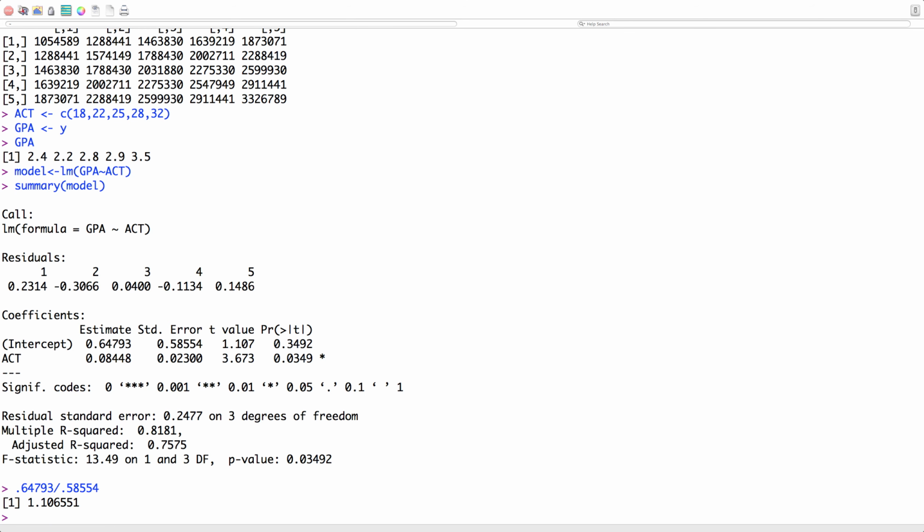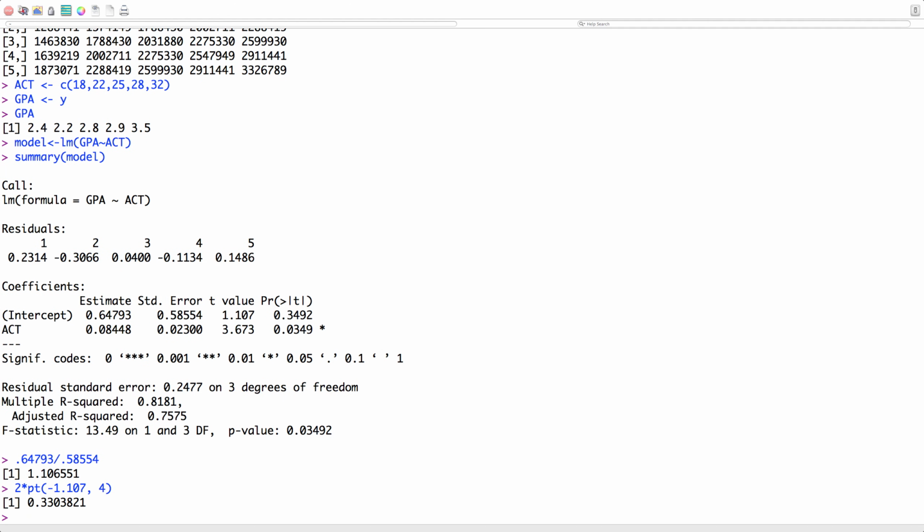is indeed 1.107. And just as a reminder, we could find the p-value by taking 2 times pt, and with a t-value of 1.107, the easiest way to do this would be go negative 1.107, comma our degrees of freedom, which would be equal to 4.